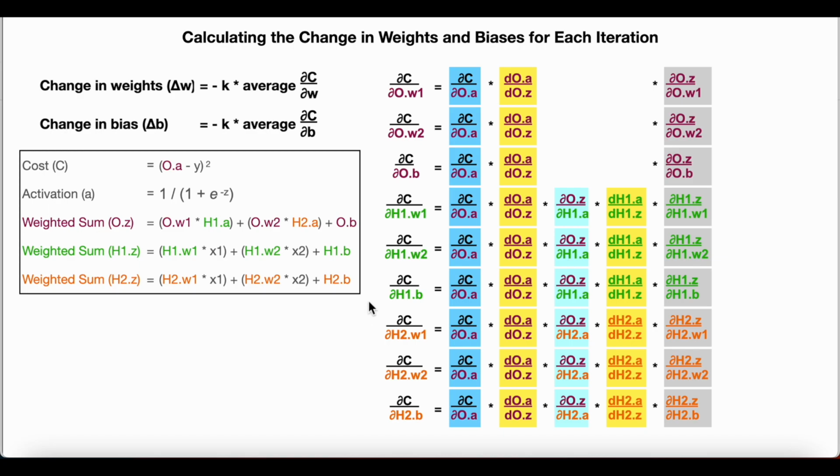Unfortunately, a spreadsheet can't do calculus. But the first one, the partial derivative of cost with respect to O.A, that's pretty simple. That's going to be 2 times O.A minus Y. The derivative of the activation with respect to Z, that's more complicated.